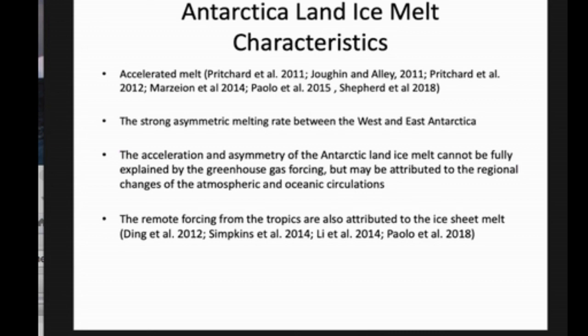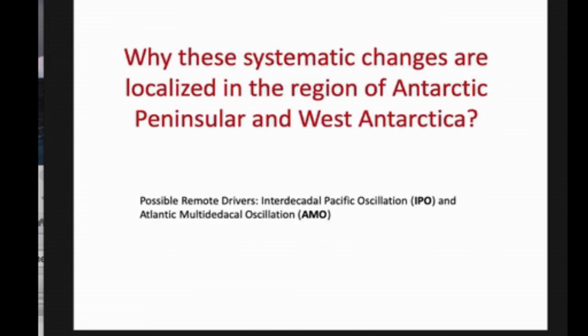And this regional change can be connected to remote forcing from the tropics, and a number of people have made those connections. So the next scientific question is, why are these systematic changes localized in the region of the Antarctic Peninsula and Western Antarctica?